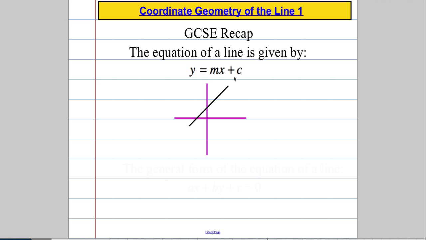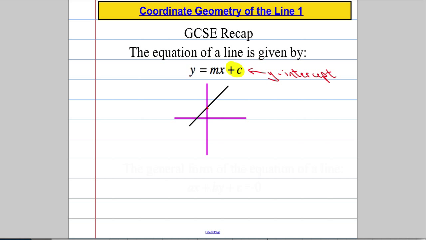Let's start with c. The c value is not the gradient of the line, I beg your pardon. It's the y-intercept, in other words, where it crosses the y-axis.